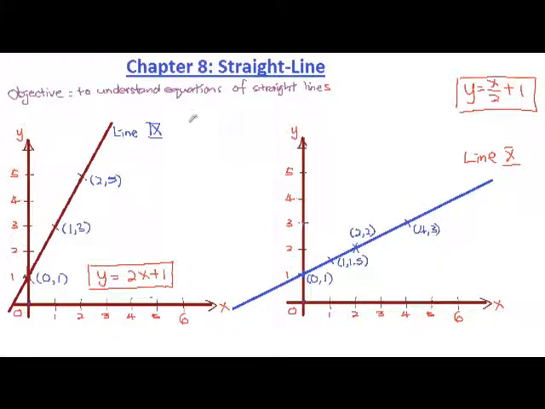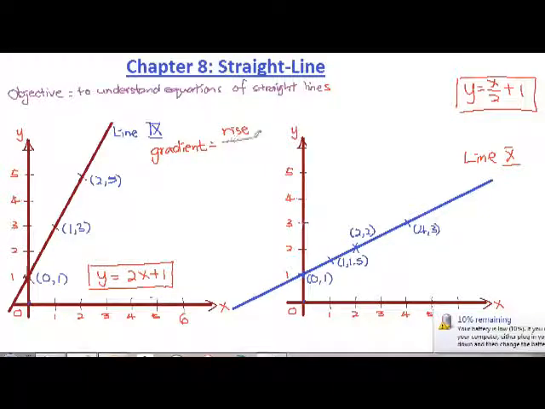In this video, we try to find the gradient of line 9 and line 10, and we try to compare the value of the gradient with the equation. The purpose for us to do this is we would like to see what is the relationship between gradient and the equation. Well, for line 9, the gradient is equals to rise over run.